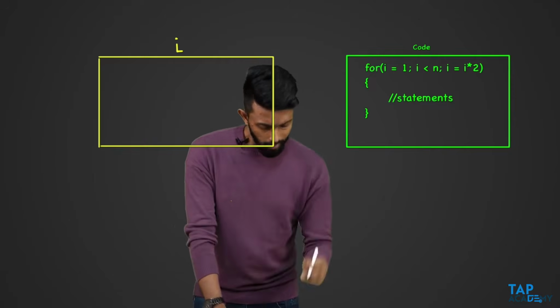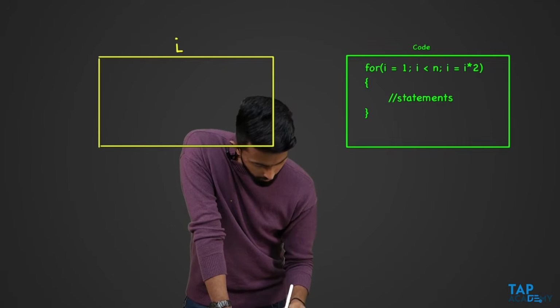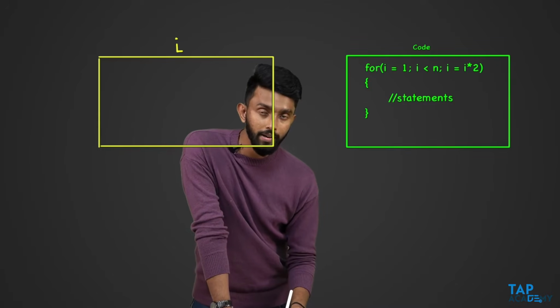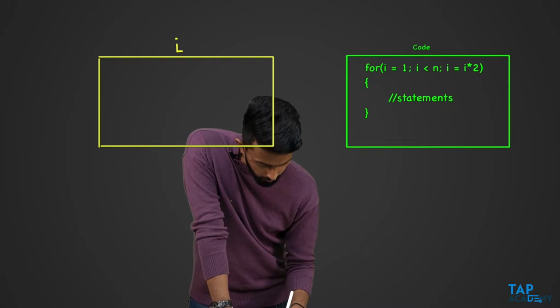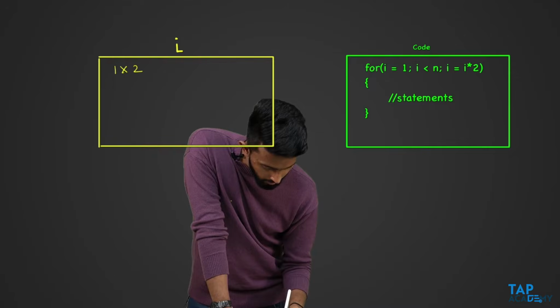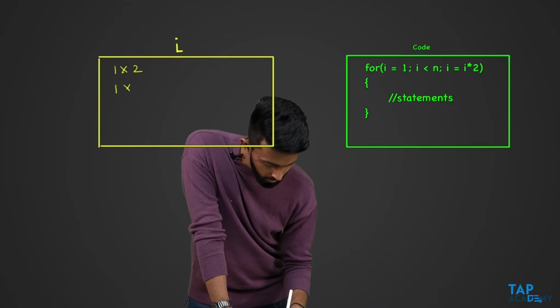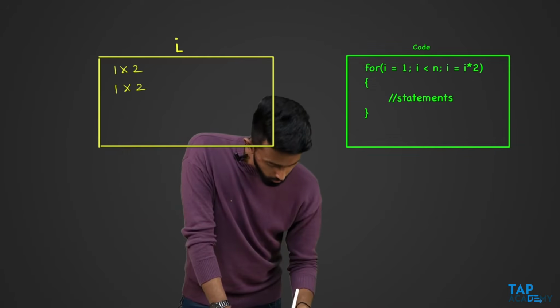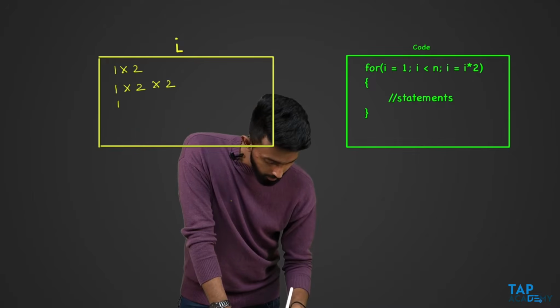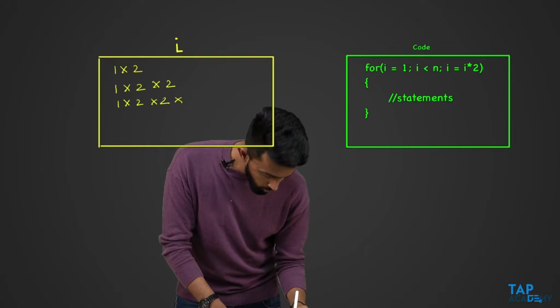Very simple. Let's begin. First and foremost, whenever I value is 1, the first time it is going to become 1 into 2. Second time it is going to become 1 into 2, that is the previous value, into 2. Next time it will be 1 into 2 into 2, that is the previous value, into 2.